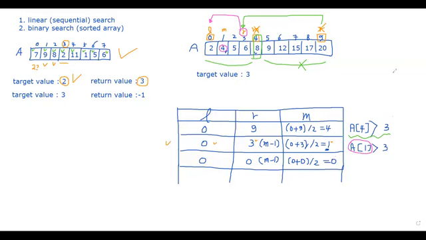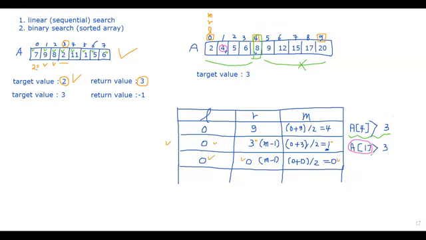So finally, let me make this clean. I think you understand what's going on here. Finally, this is the situation. This is left, this is right, and also this is middle: 0, 0, 0.